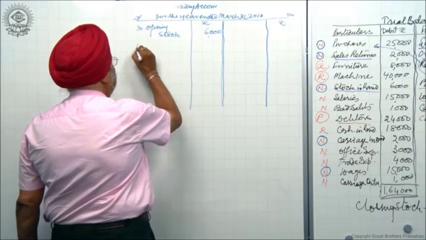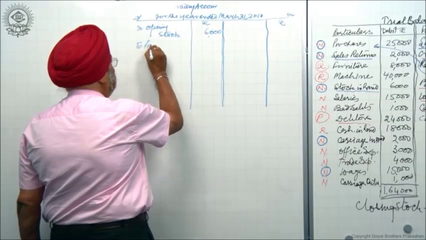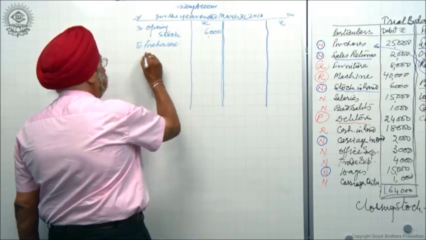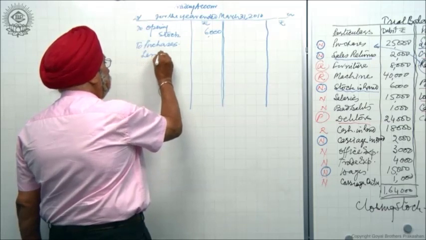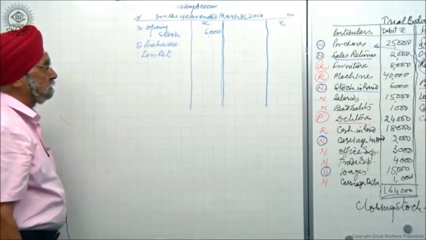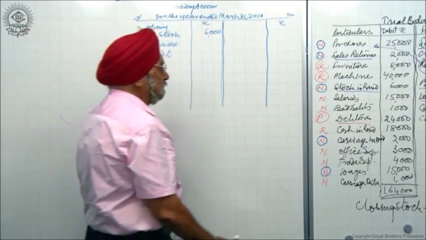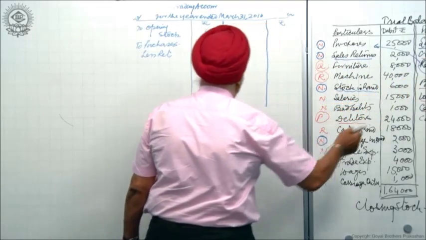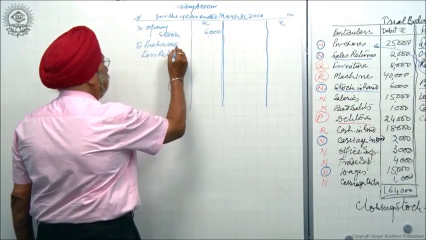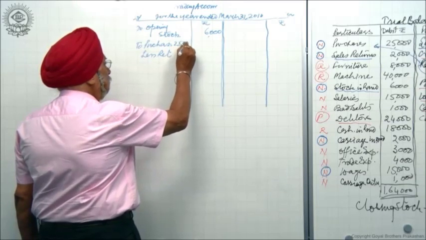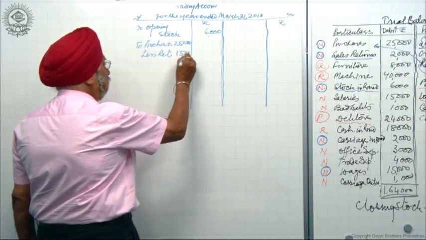To this I'll add purchases. This was the stock left. Purchases less returns. How much are purchases? Purchases are 25,000 and returns are 1,500. I write here purchases 25,000 less 1,500.